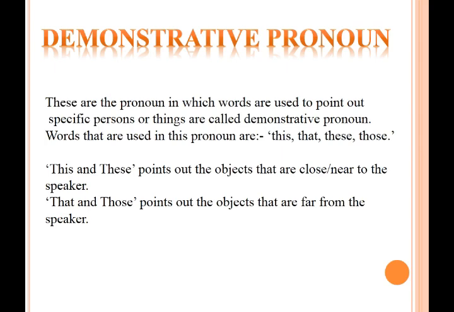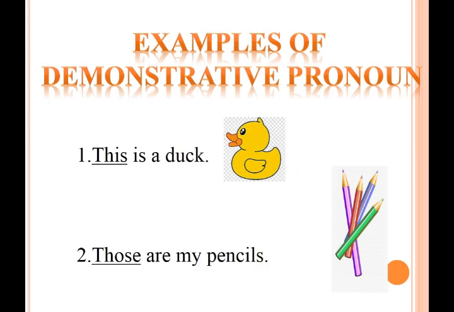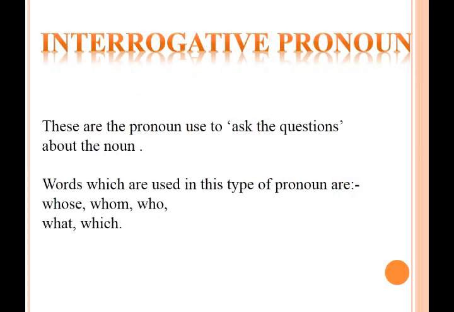For example, this is a duck. Another example, those are my pencils. Coming to next kind of pronoun, that is interrogative pronouns. Pronouns that are used to ask questions about the noun are interrogative pronouns.